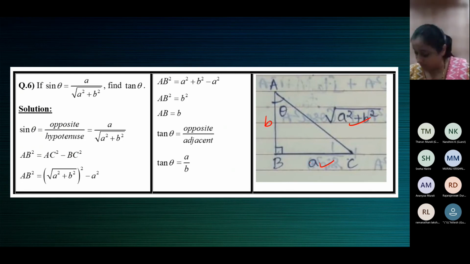Sin theta is given, so you can fill the opposite side and the hypotenuse. So you'll have to find the value of the adjacent side, the side adjacent to theta, using Pythagoras theorem. So you see here, AB is equal to B.